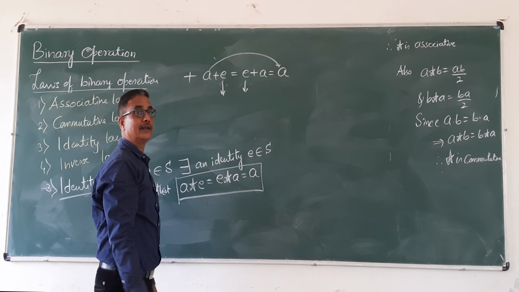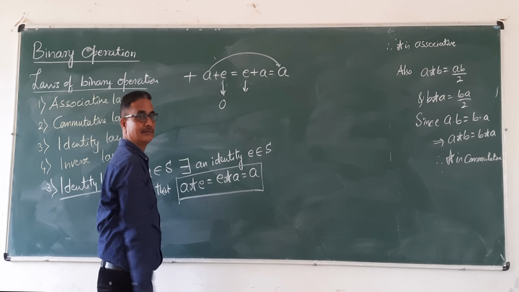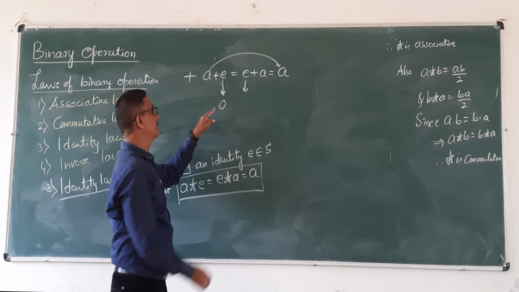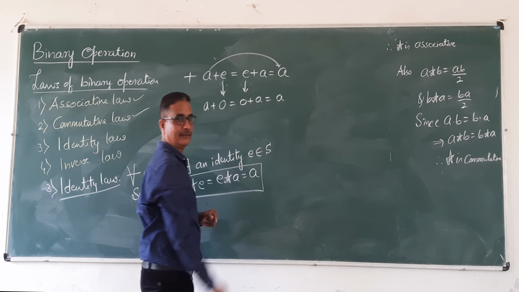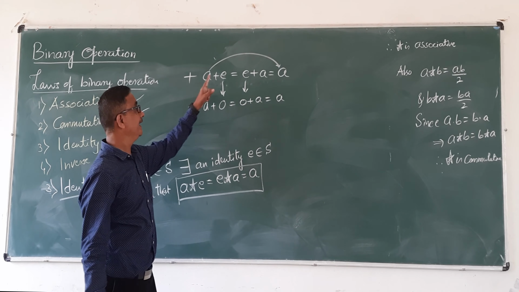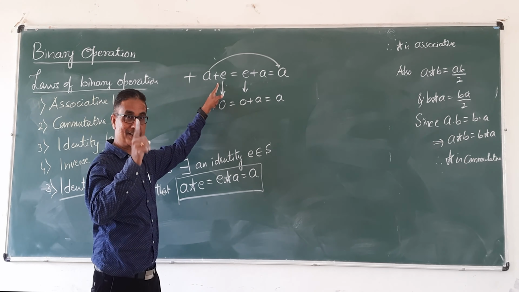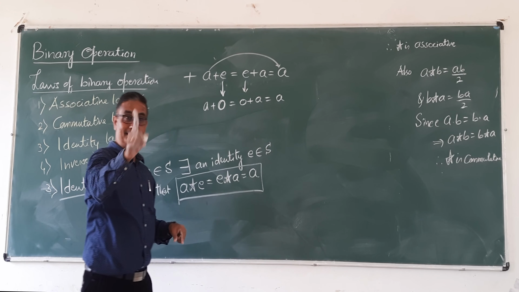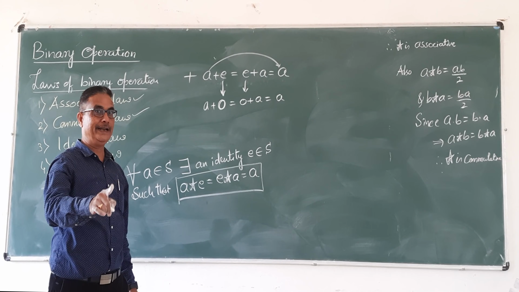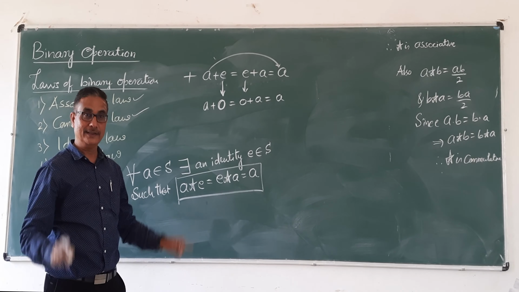It must be 0, because A plus 0 is the same as 0 plus A is equal to A itself. So remember, in addition, the identity element is always 0.